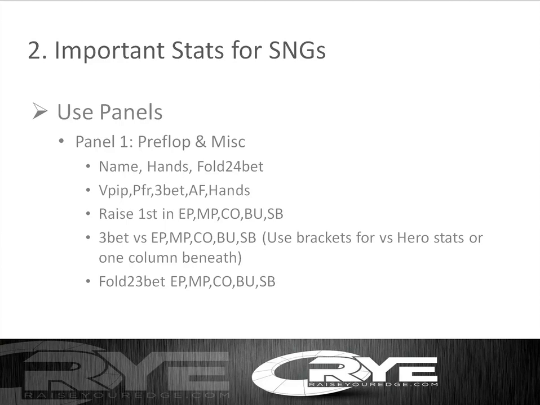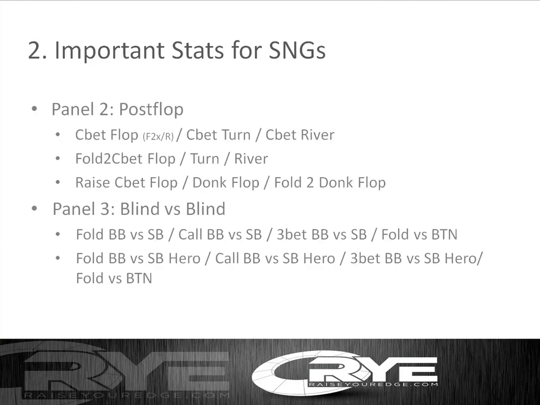There are players that have fold to 3-bet stats in early position and middle position of 70 or 80%, and cutoff and button they have 40 to 50. And when you know their tendencies, you can exploit them so hard.